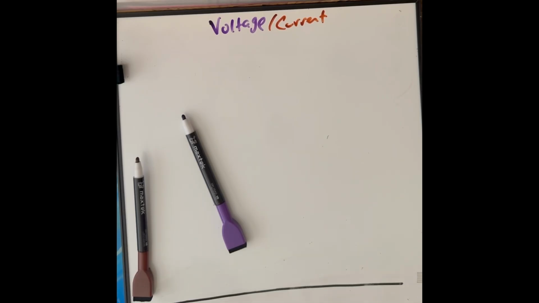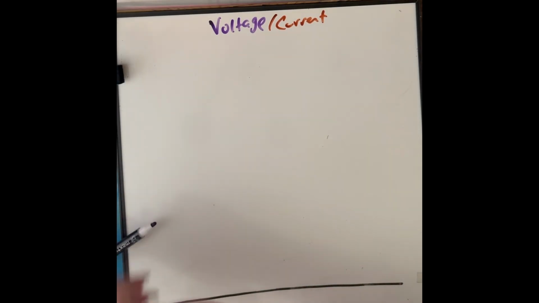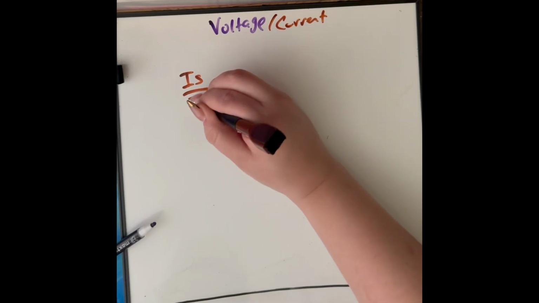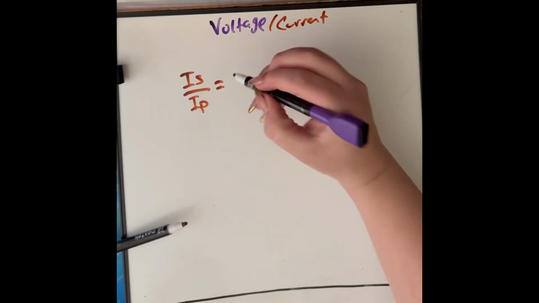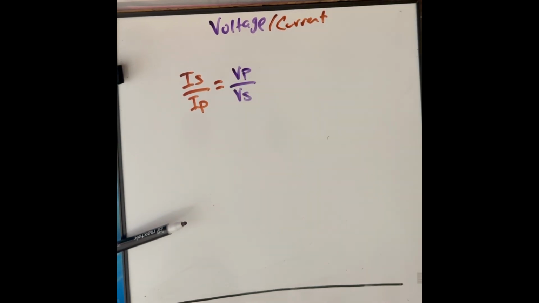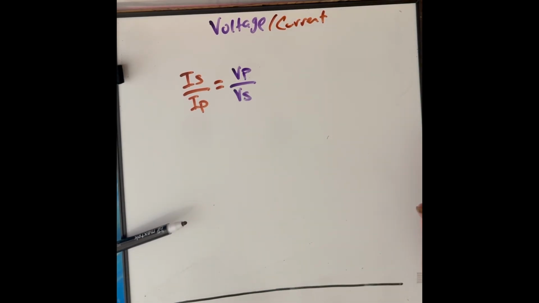So this one, if you go to slide 74, is going to give us a formula that says IS over IP is equal to VP over VS. What do we notice here? We don't get any windings on this one. It's only about the current and our voltage.